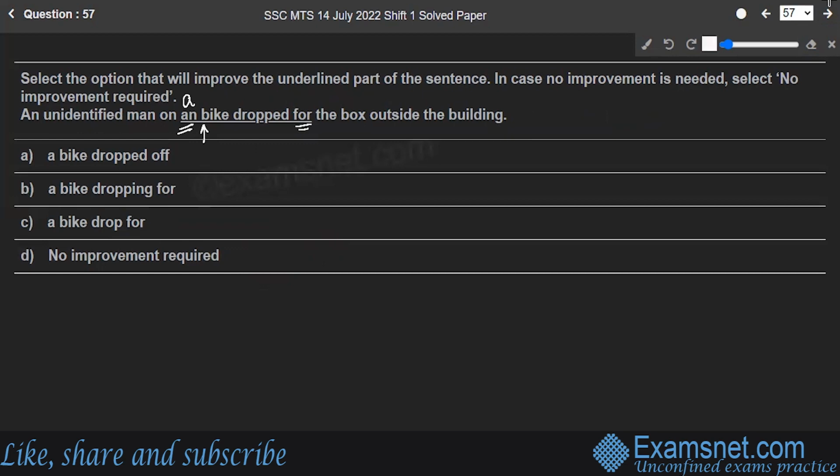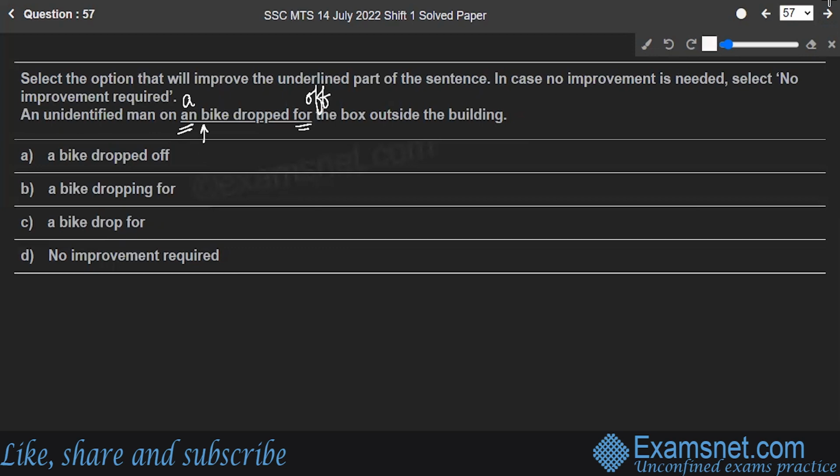So for, when I'm saying for, that means something is being done with a purpose, like we are going somewhere for a wedding, something like that, right? So here for should be replaced by off. Why? Off means to take someone or something to a particular place, like to drop off.